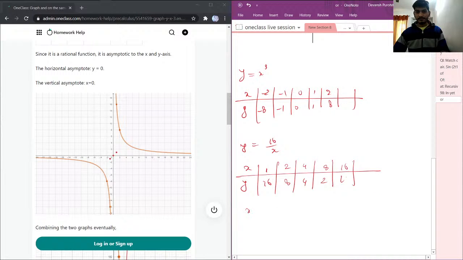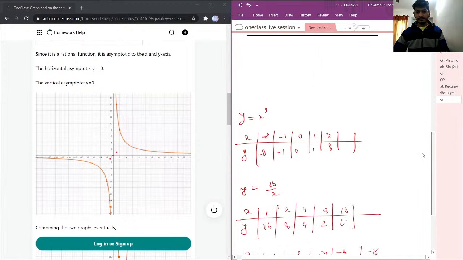I'll just draw one more here for negative terms. So for -1, we have -16, -2, -8, -4, -4, -8, -2, -16.